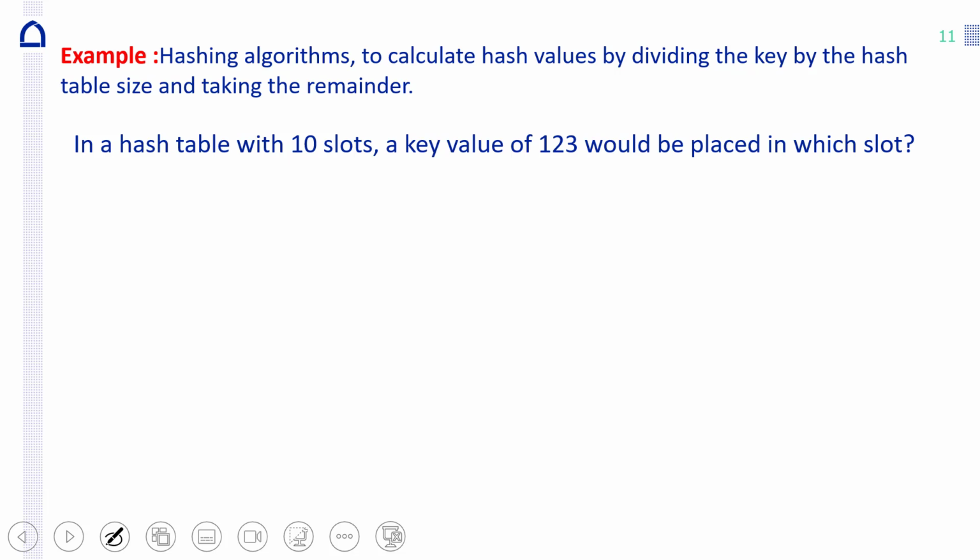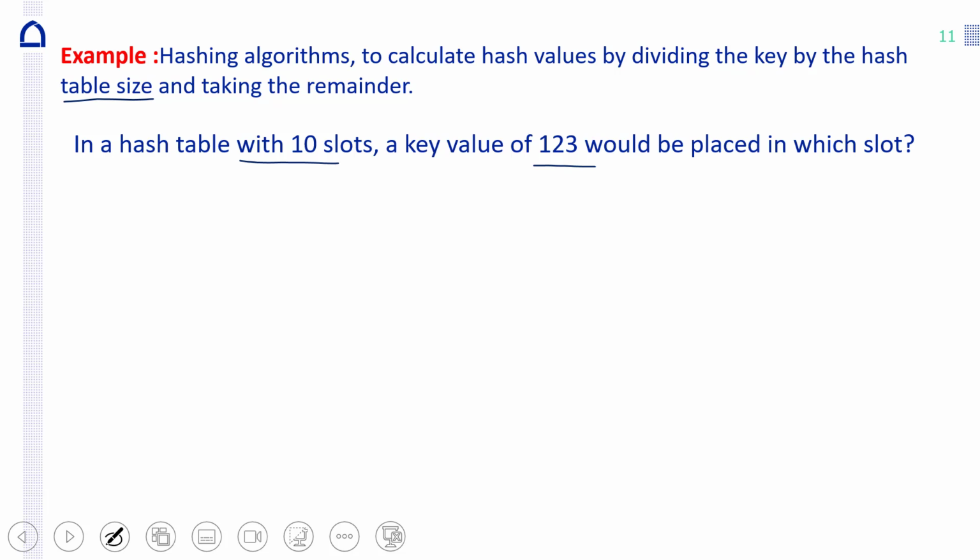Now, the hashing algorithm: to calculate hash values, divide the key by the hash table size and take the remainder. In a hash table with 10 slots, this is the table size, right? A key value is 123.